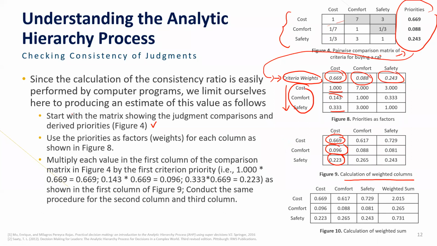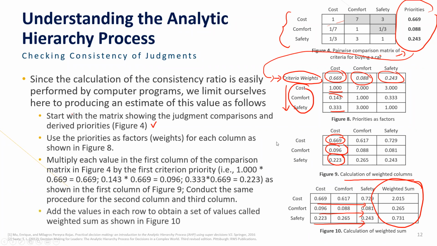After you get this column, you can calculate the weighted sum of the column. So you sum this one here to the right, the total weighted sum. This is called the calculation of the weighted sum, as in figure 10.